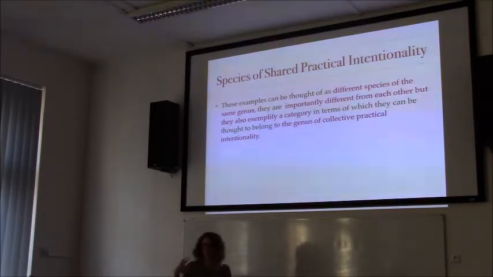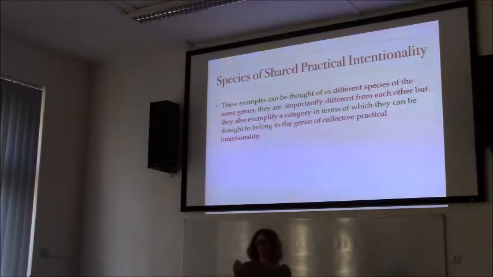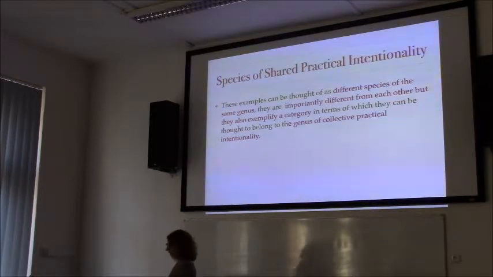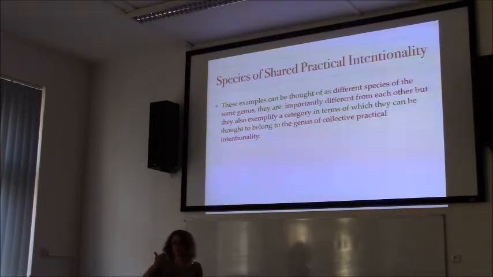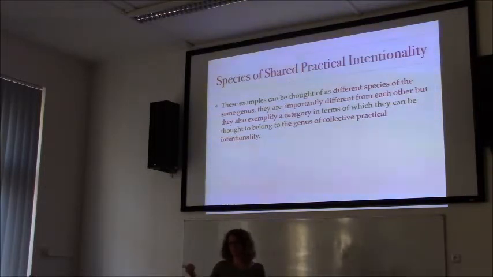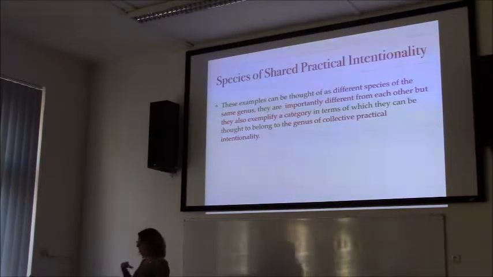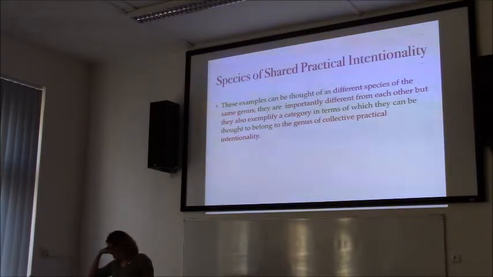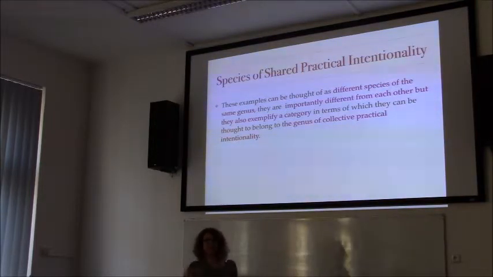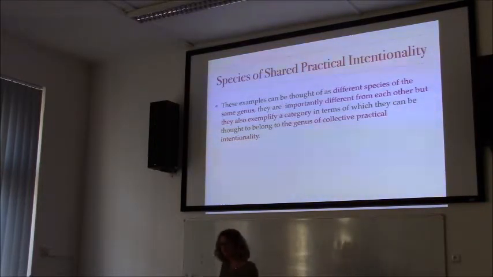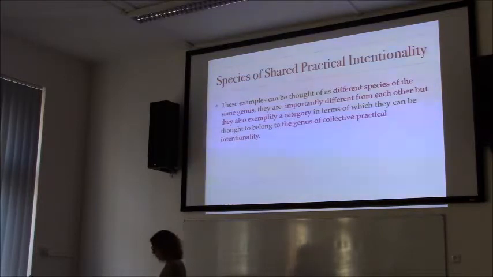And they are joint activities in which roles are specified by the activity in normative terms. And the key point is that those normative structures can be given in different ways. They can be given by norms, they can be given by instructions, scripts, they can be given by spontaneous coordination, they can be given by jointly deliberating about it.